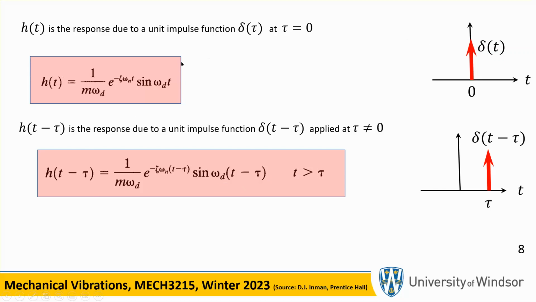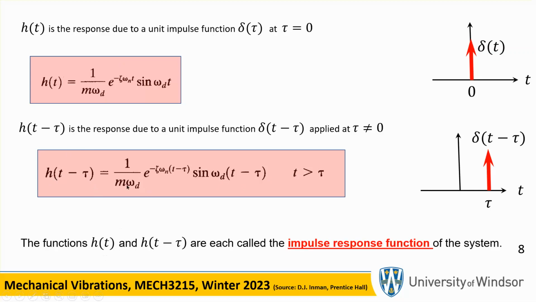You take the h of t, you replace every t with t minus tau, and just write it again. And these are called impulse response functions of the system. We already know that. I already said that. H of t is the impulse response function. And we don't say unit impulse response because already there is a 1 here. We already put a 1 here, essentially.